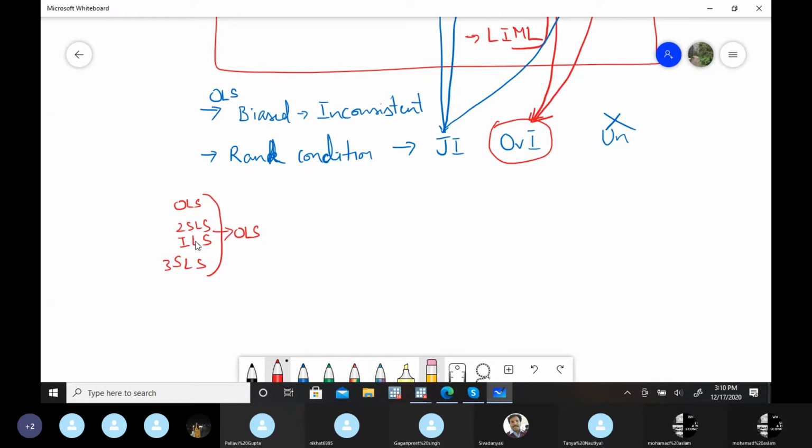That's why we call them indirect least squares, two-stage least squares, three-stage least squares. But this least squares principle is common in all these methods. But in the case of the LIML method, it's again from the MLE process. This method is different from these methods.